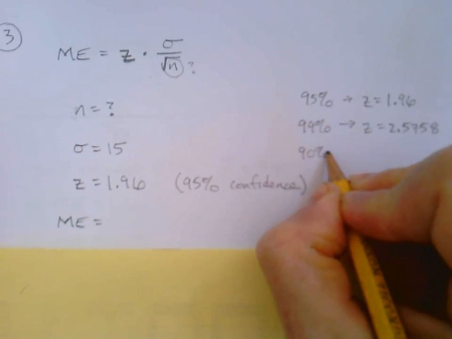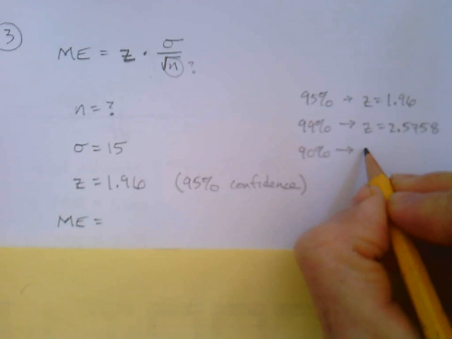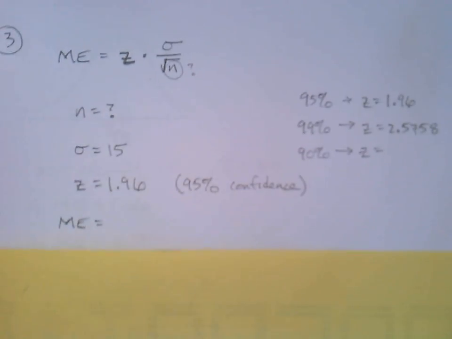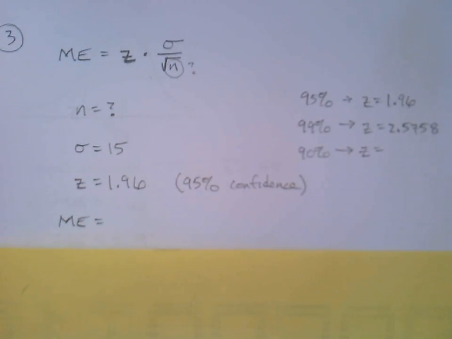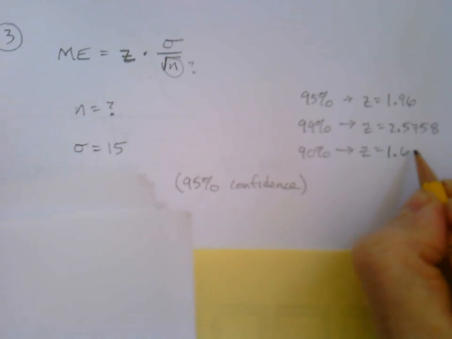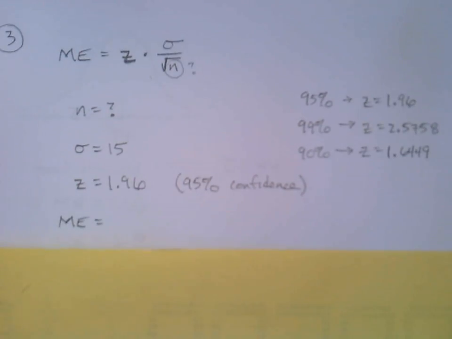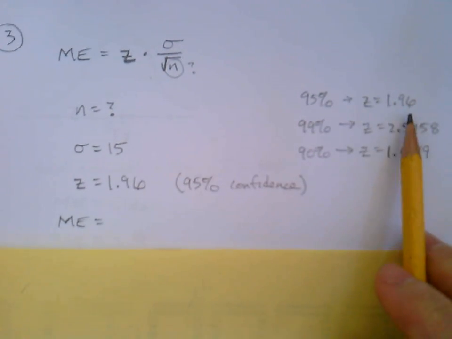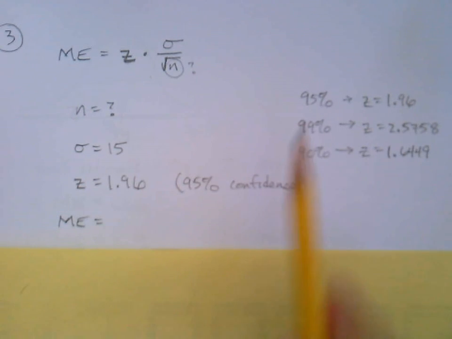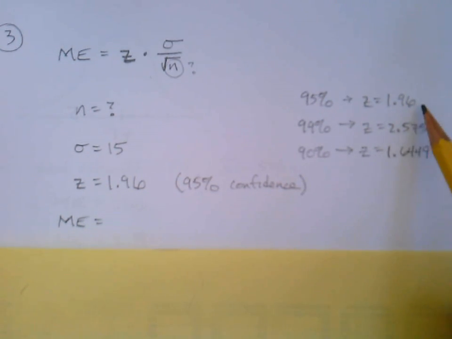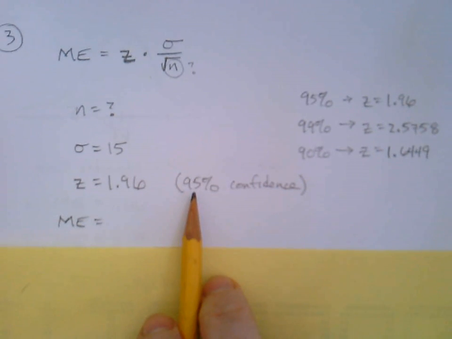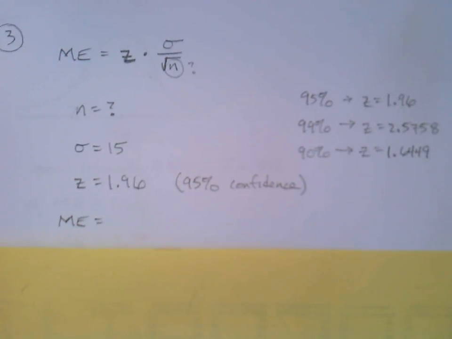And we just did the 90% in number 2, and it was 1.6449. It may be that you use these so much you end up remembering them. I think the 1.96 is the easiest to remember, since these other ones have twice as many decimal places. That one just happens to round out really nicely. In any case, we're going to see these z-scores quite a bit. Like just here, 95%, boom, z equals 1.96.